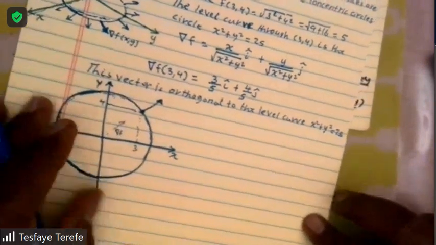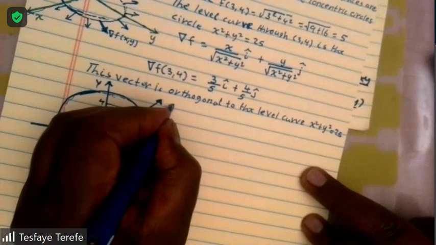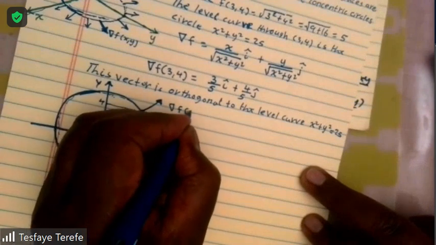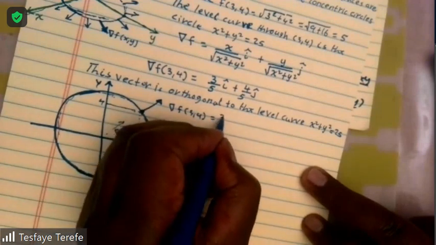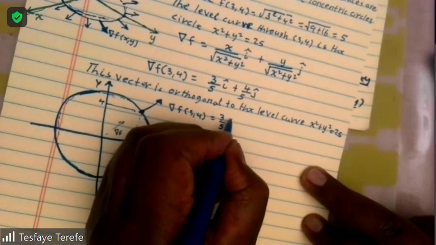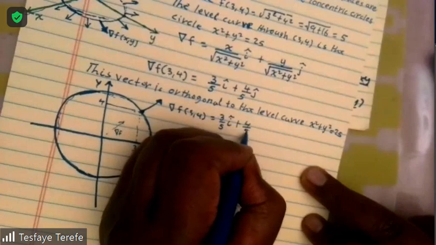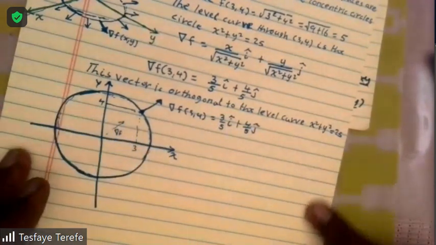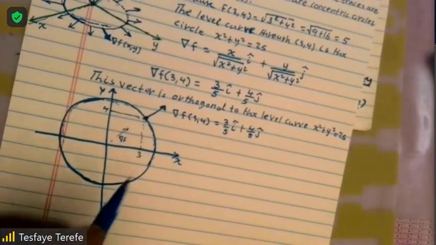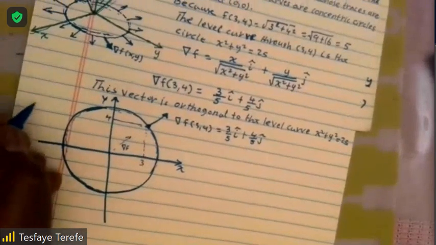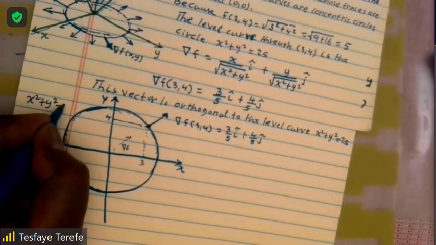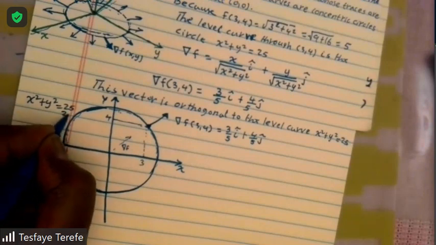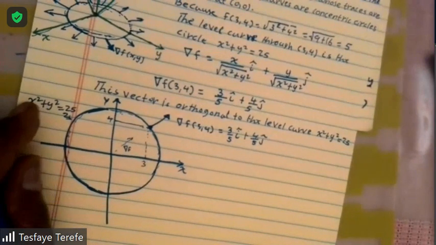This is del of f of 3, 4, which is 3 over 5 i plus 4 over 5 j. And the contour curve, this is actually x squared plus y squared equals 25. And what happened?